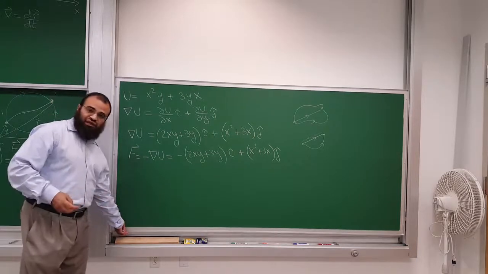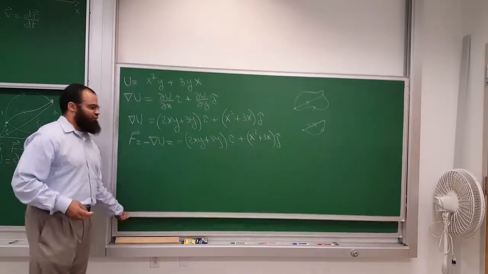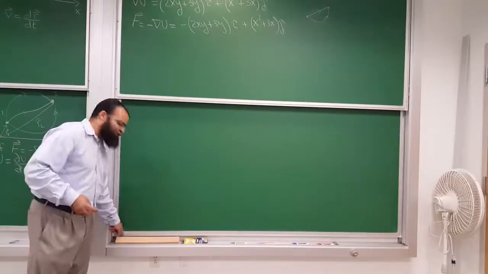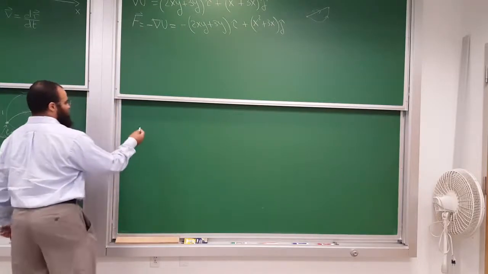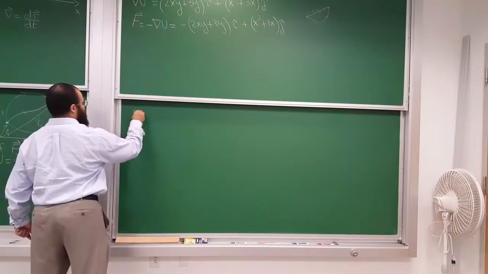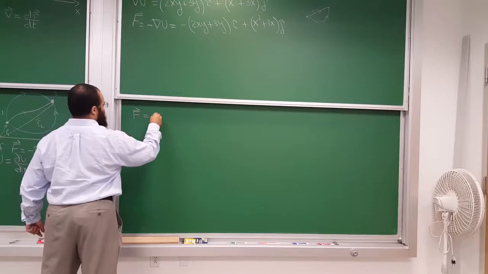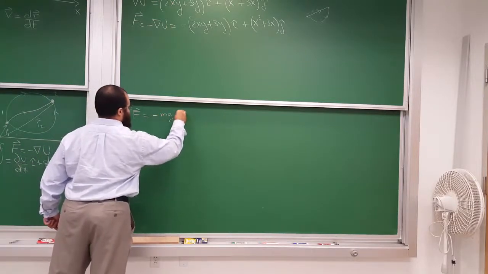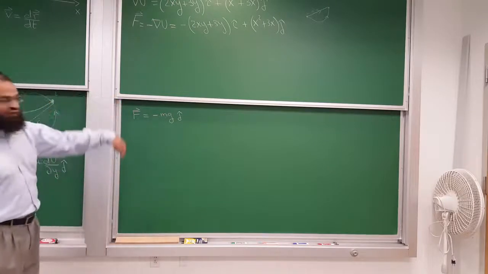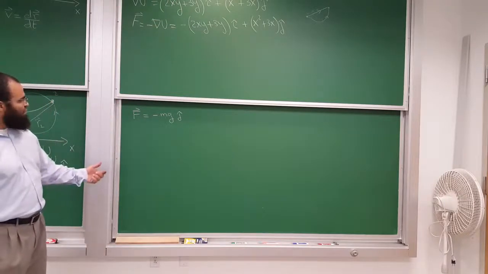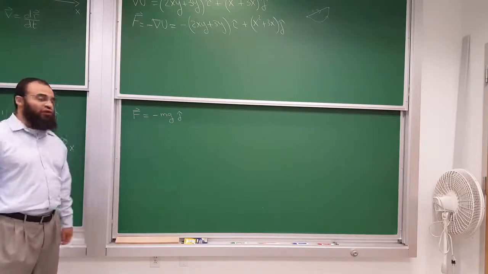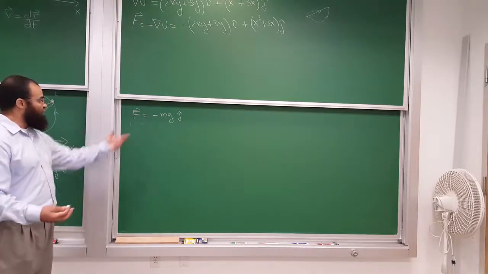For example, gravity is a conservative force. Why? Here's the reason. What is the force of gravity? Near the surface of the Earth, F is equal to minus mg, in the negative y direction. This force is the negative derivative of some function that gives me this.